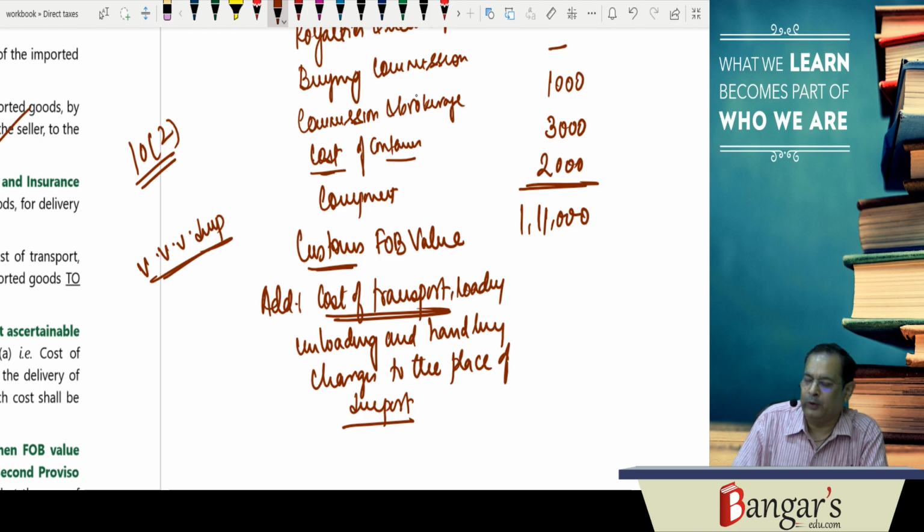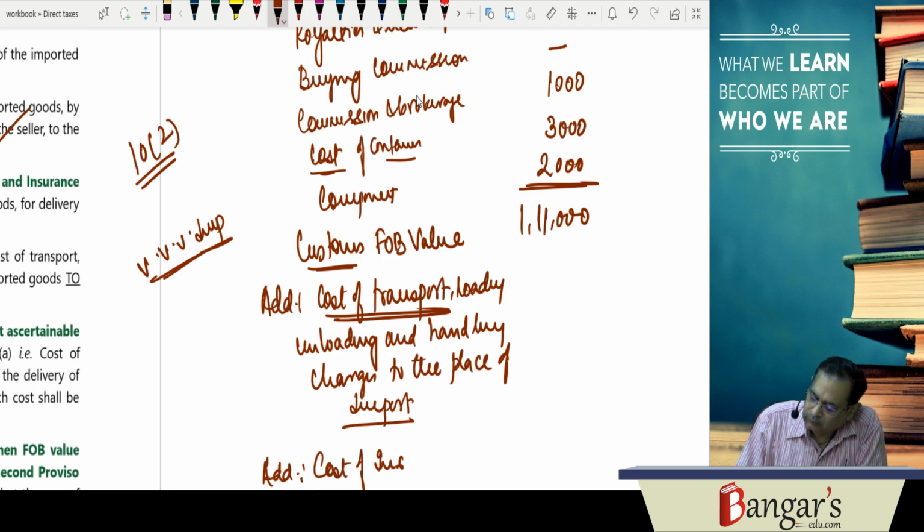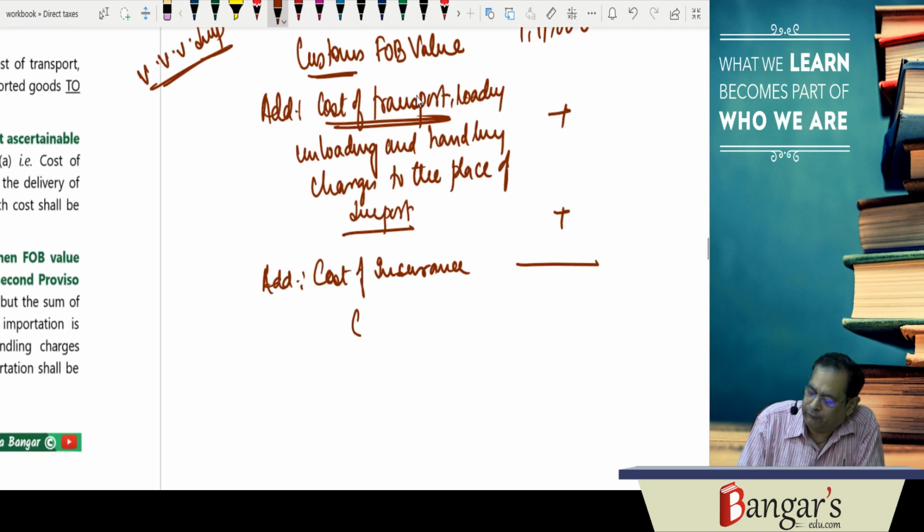From say US to India, what is the cost of transport, loading, unloading and handling? And add the cost of insurance. This is added. This gives you what? The CIF value.